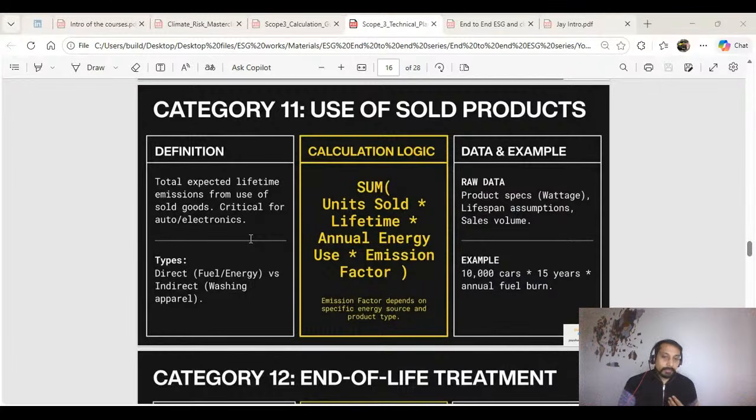If you have the business of use of sold products, or any such considerations in your end-to-end product life cycle, then you have to consider category 11, which is a very big category generating scope 3 emissions globally.